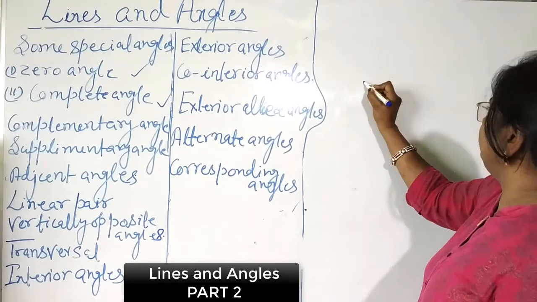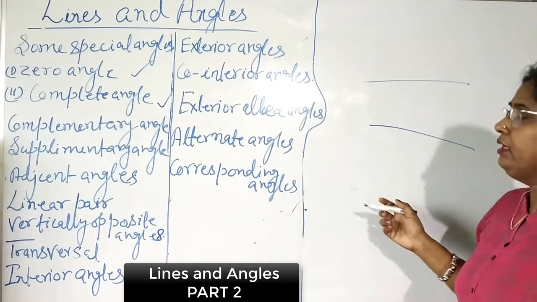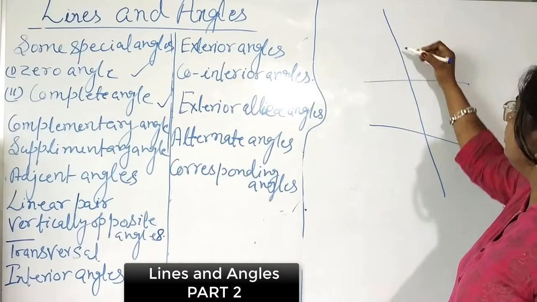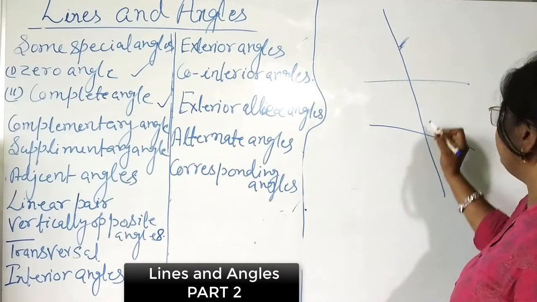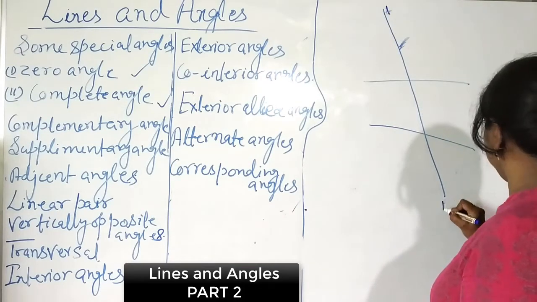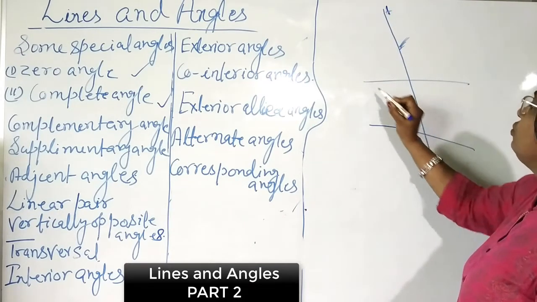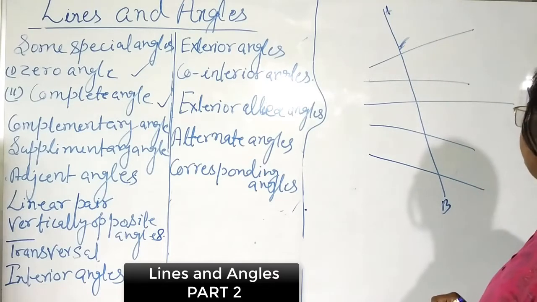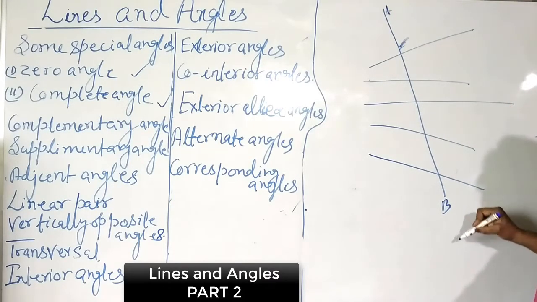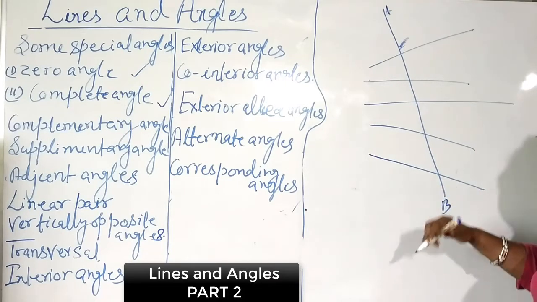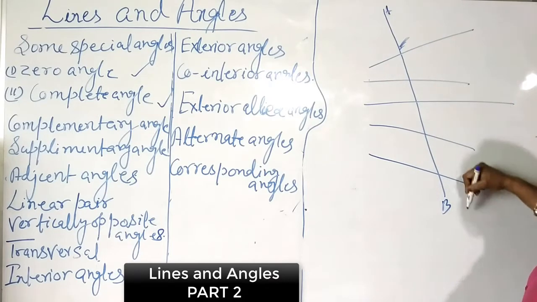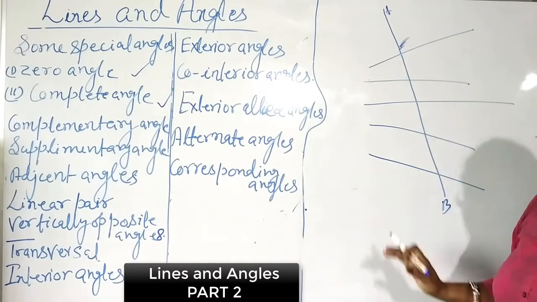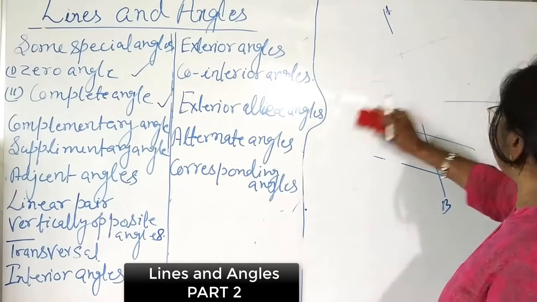If in any plane two or more than two lines are given, and a line intersects two or more than two lines, it is called a transversal. This line is transversal. If line AB intersects two or more lines, not necessarily 2, it can be 3, 4, or more, and intersects all lines at distinct points, not at the same point, then it is called a transversal line.